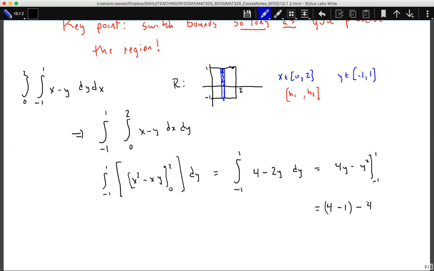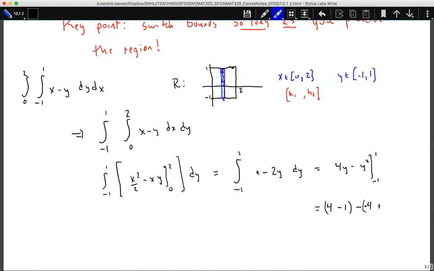Excuse me, I dropped a 1/2 somewhere. I dropped a 1/2 right here. So we should have x squared over 2.